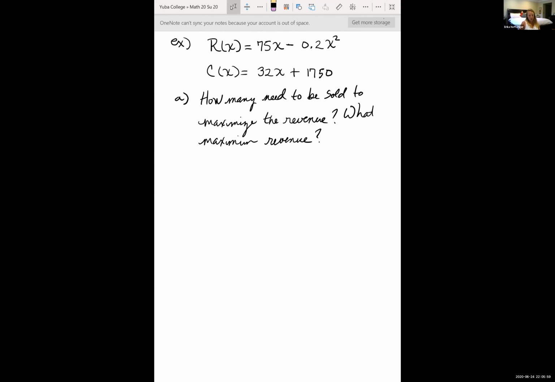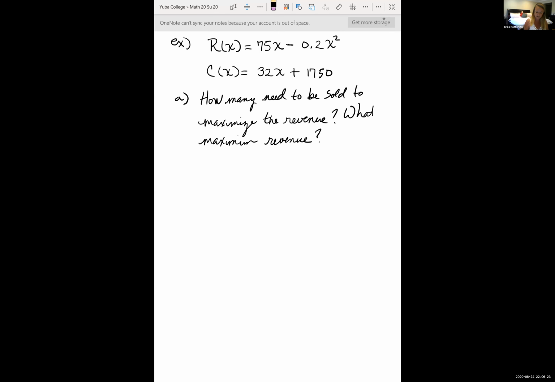On these problems, it's either going to ask you to maximize or minimize. We're dealing with quadratics, which are either maximized or minimized depending on which way they're facing. I knew something was wrong because my coefficient in front of a needed to be negative for it to be facing down. So that's why I went back and looked at my problem.